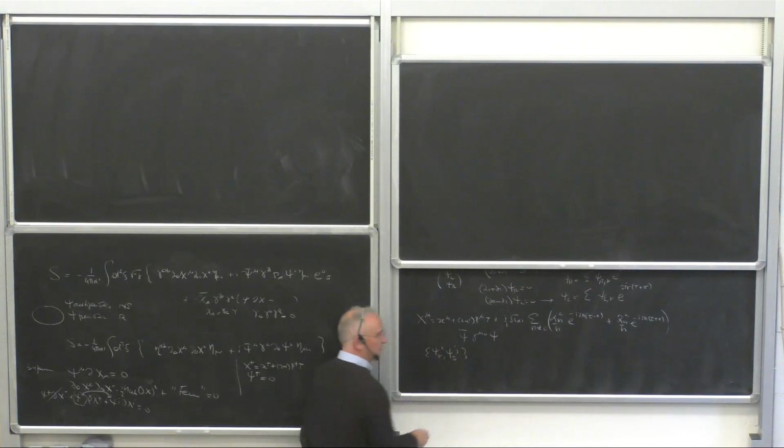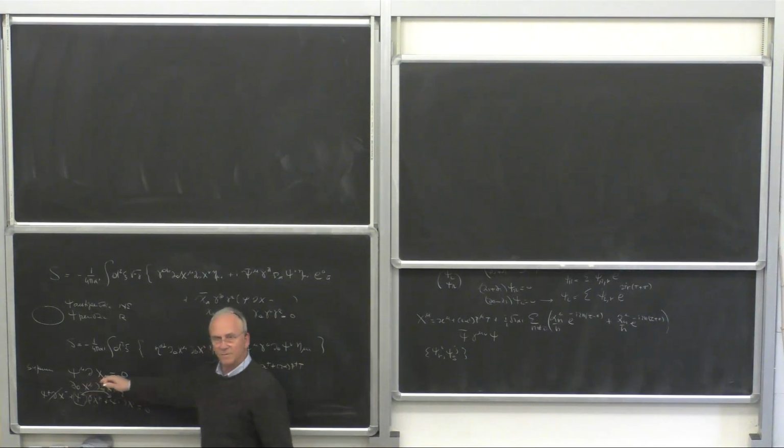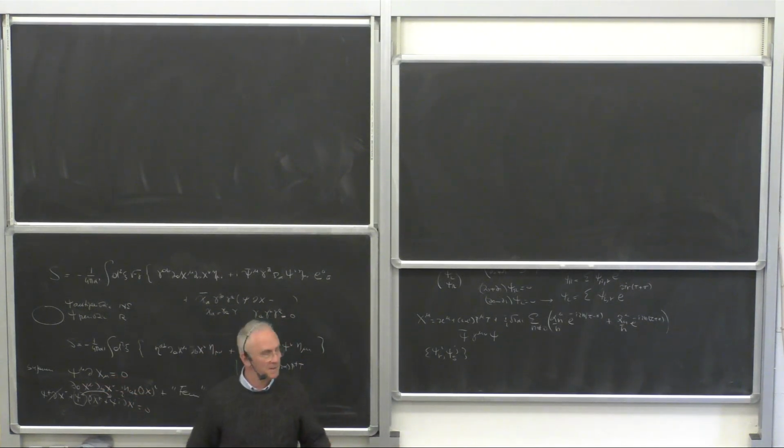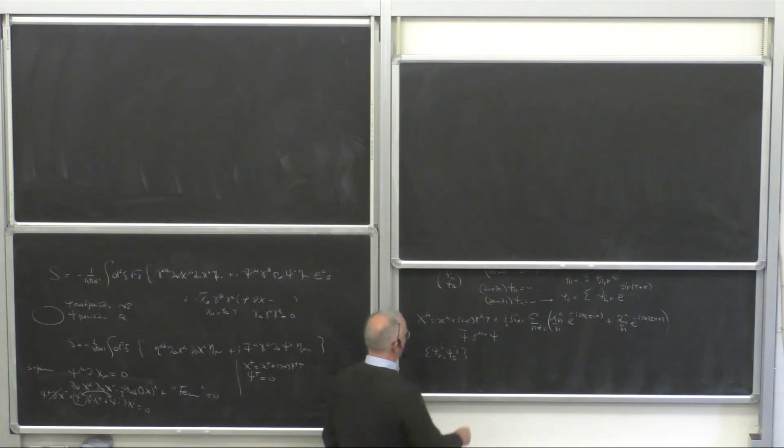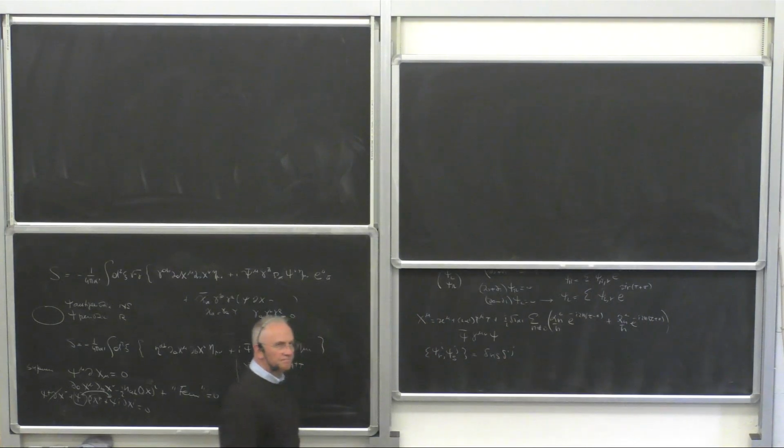Remember that you only have the transverse ones. Psi plus is 0, psi minus is solved by this condition, you only have psi i's. And then you have this equation here, where this guy is delta r plus s, delta ij. Okay?